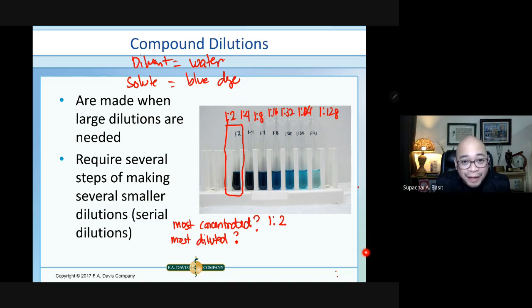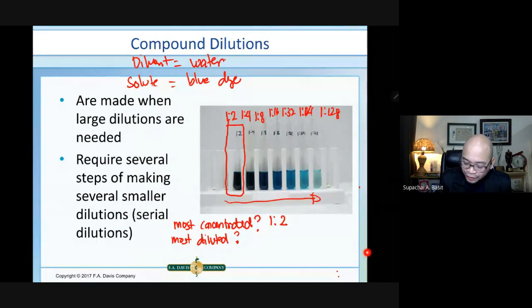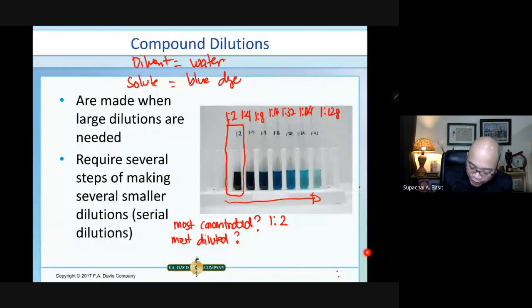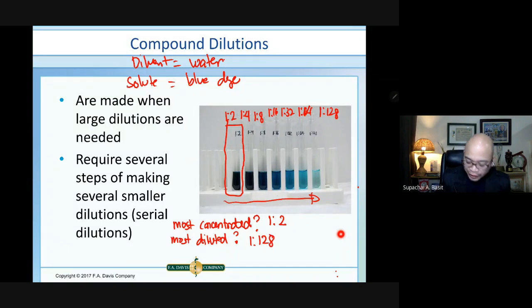Among the series of tubes here, the most diluted is 1:128. Meaning to say, the original concentration of the solute is diluted 128 times. So there is 128 times more amount of diluent than the original concentration of the solute. That's what we mean by 1:128.